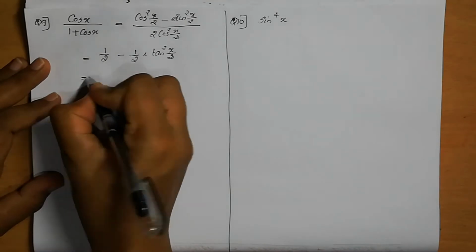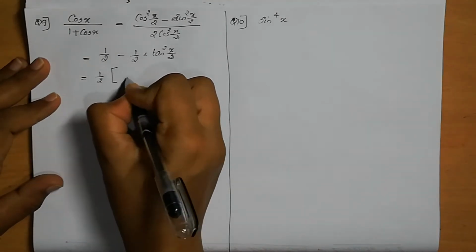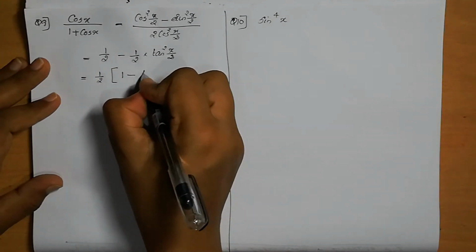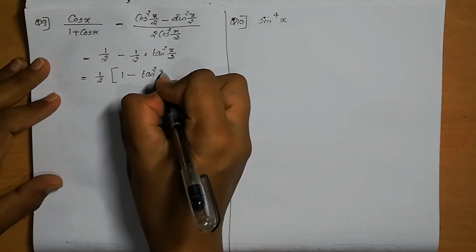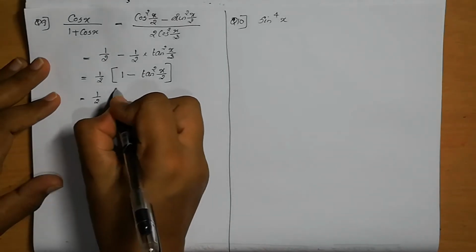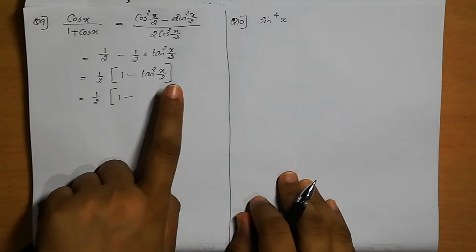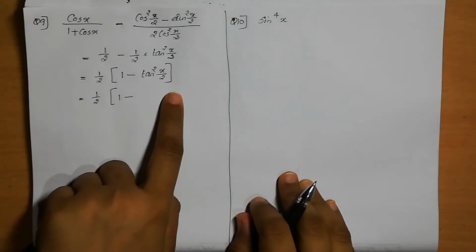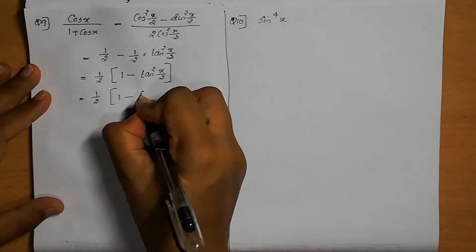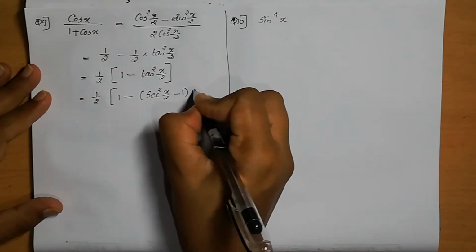So from here first we can take 1 by 2 common. So what we will get: 1 minus tan square x by 2. So 1 by 2 into 1 minus this tan square x by 2, we can write secant square x by 2 minus 1. That means secant square x by 2 minus 1.